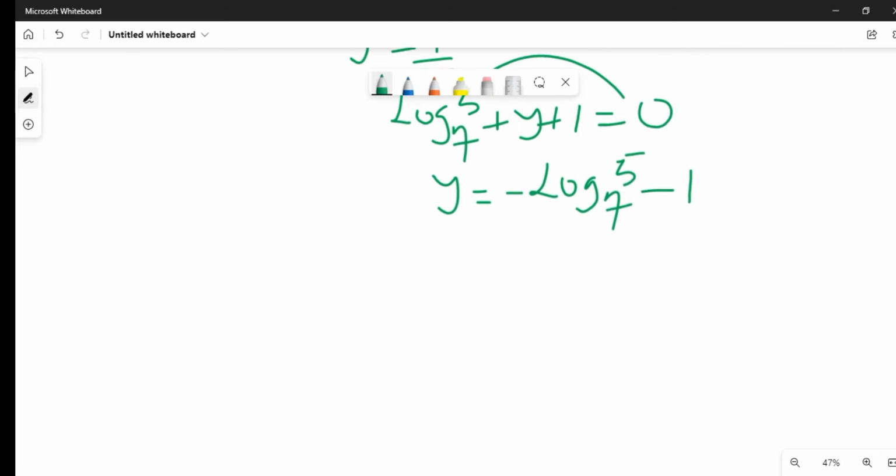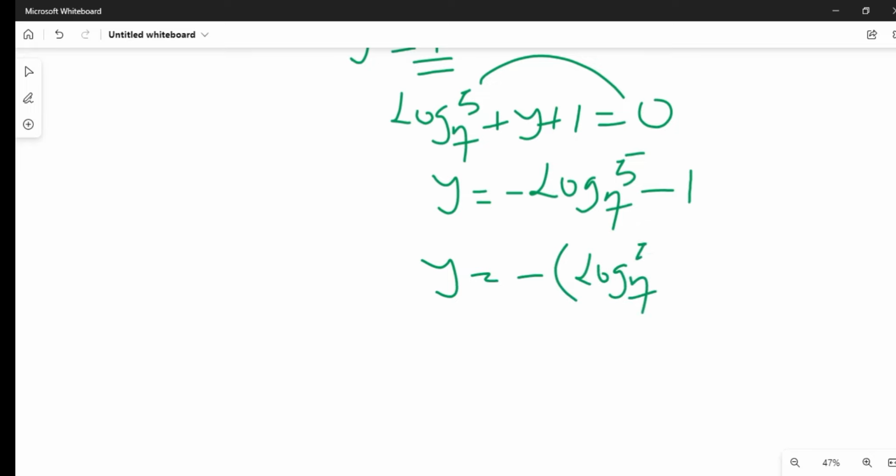Simplifying further, y is equal to minus, with the minus being common, log of 5 base 7 plus 1. We recall that in our expression we said log of 7 base 7 is equal to 1, so we apply that here.